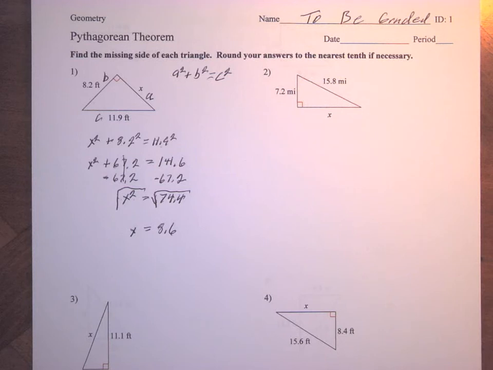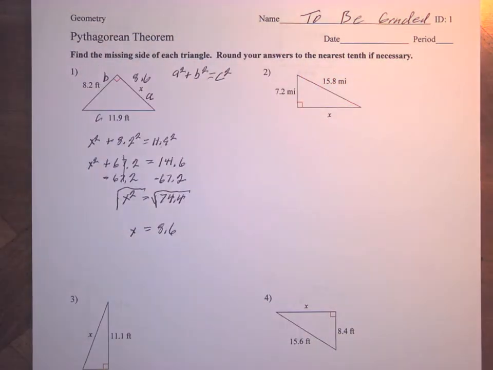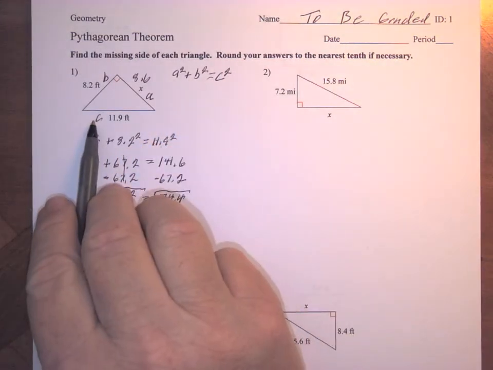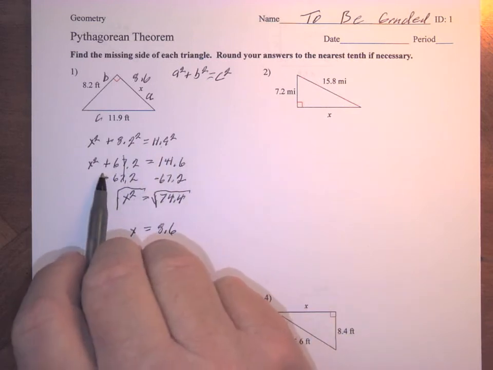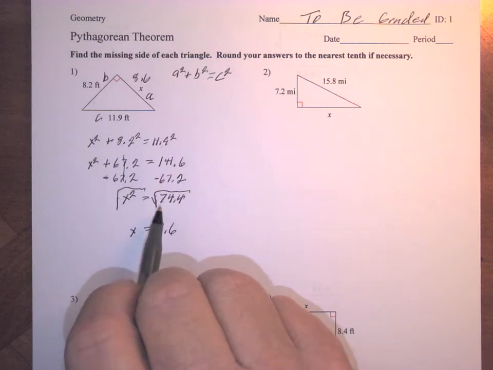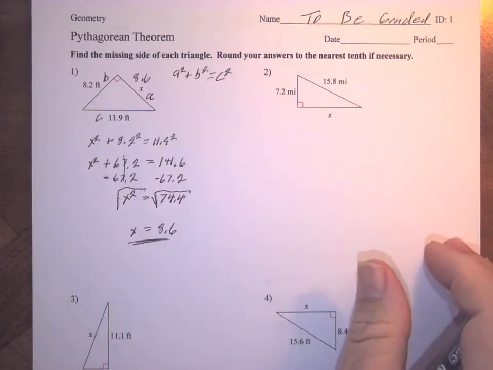So all we've done is we've said that a squared plus b squared equals c squared. We laid it out into an equation. Then we solved the equation and we came up with our answer of x is equal to 8.6.